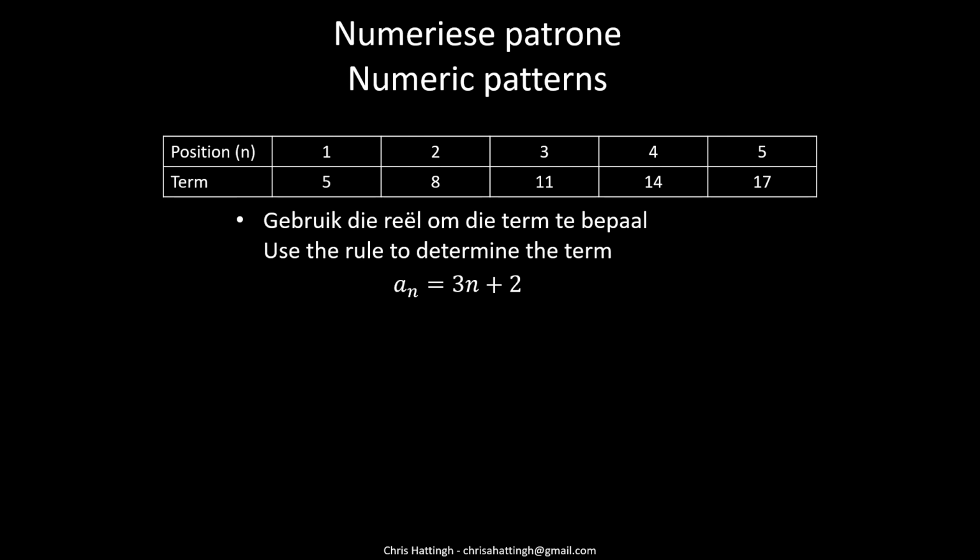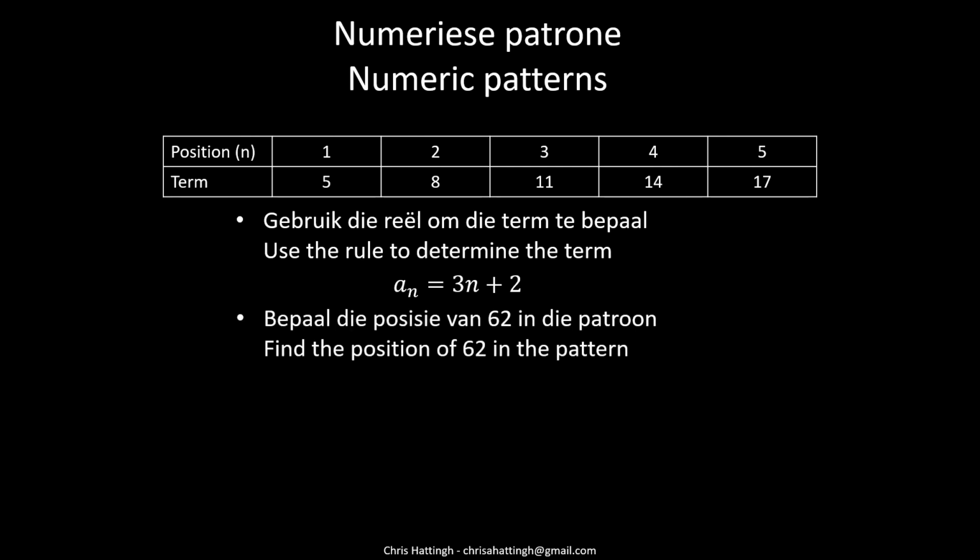Another example. If I give you the value of the term, and I ask you in what position is 62, you're going to set the formula equal to 62 and solve the equation.